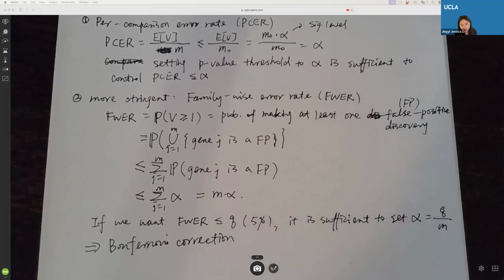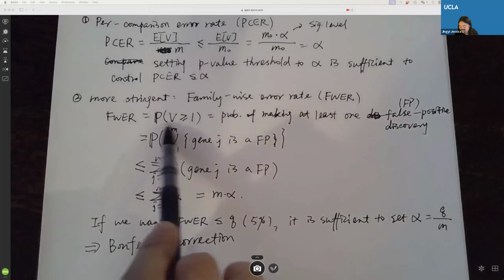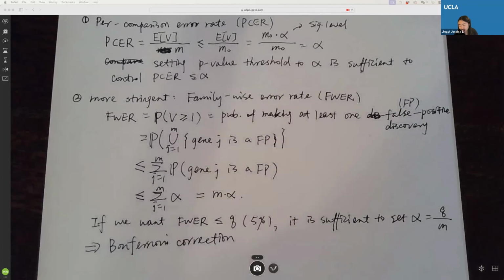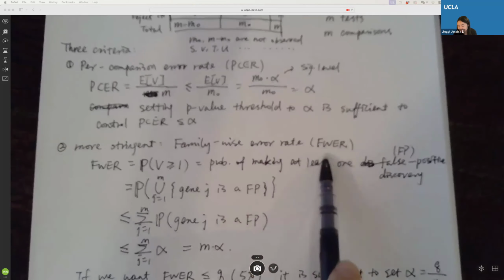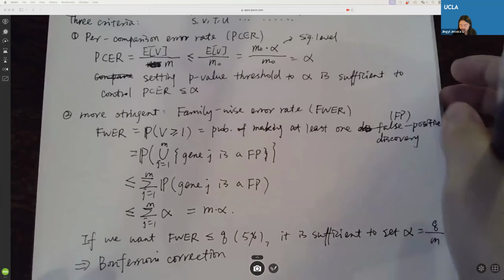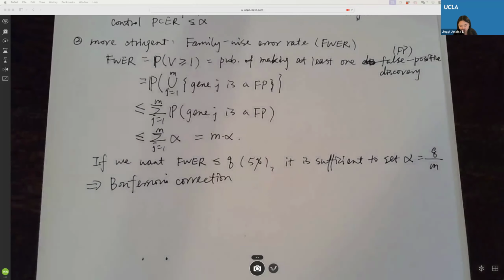Biologists are still not happy with this because it's too conservative, and maybe our goal is not so strict. We can allow for some false discoveries, not necessarily zero. Therefore, a criterion in the middle between this loose PCER and the stringent FWER is called false discovery rate, which we will introduce in our next lecture on Wednesday.